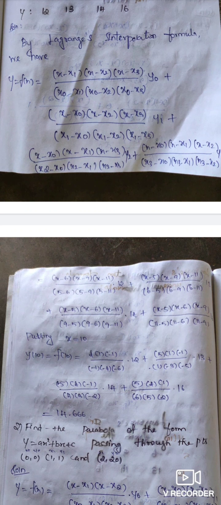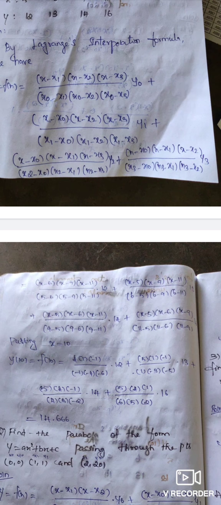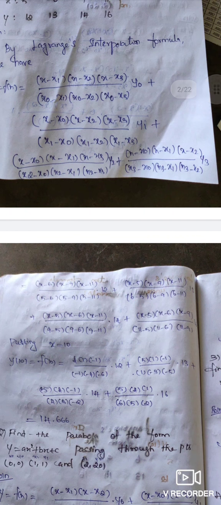Now we substitute the values, we get (x minus 6)(x minus 9)(x minus 11) divided by (5 minus 6)(5 minus 9)(5 minus 11) into 12 plus (x minus 5)(x minus 9)(x minus 11) divided by (6 minus 5)(6 minus 9)(6 minus 11) into 13 plus (x minus 5)(x minus 6)(x minus 11) divided by (9 minus 5)(9 minus 6)(9 minus 11) into y2 value, which is 14, plus (x minus 5)(x minus 6)(x minus 9) divided by (11 minus 5)(11 minus 6)(11 minus 9) into y3 value, which is 16.